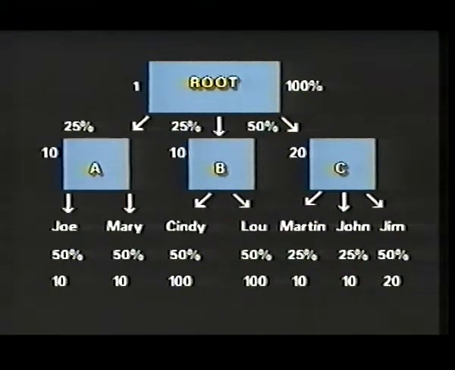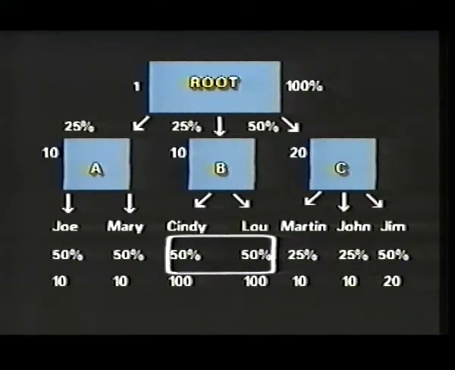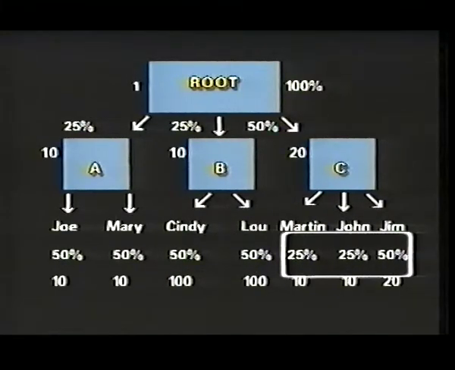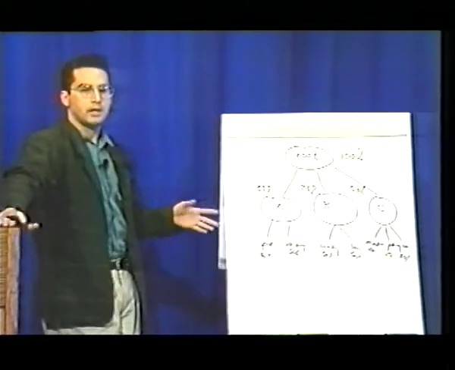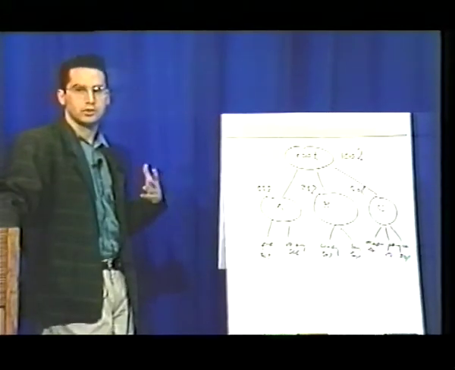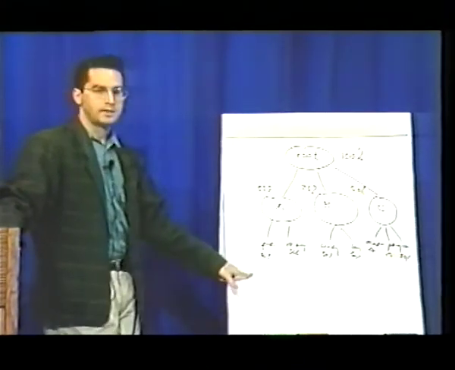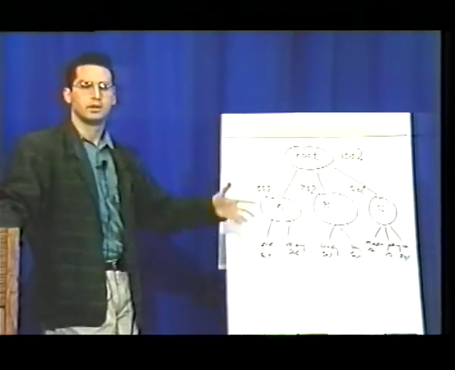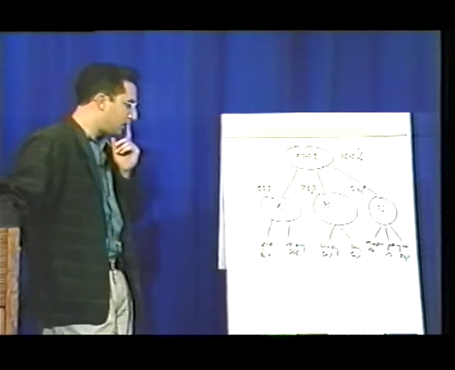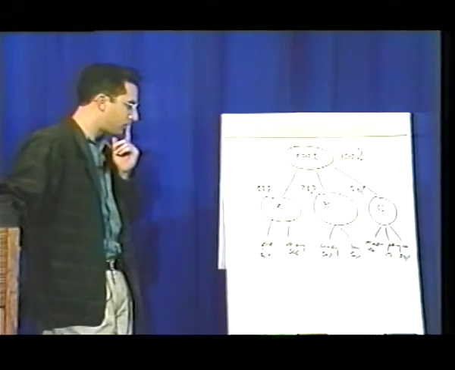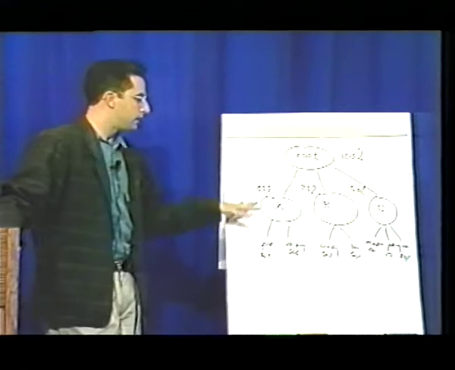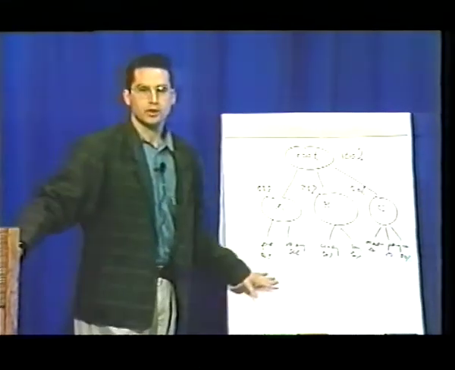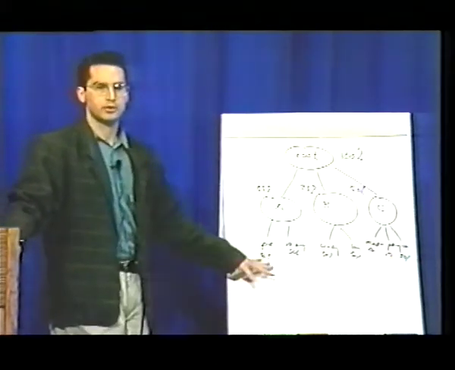When I write 50% here, of course, it's 50% of whatever group A gets, 50% of whatever group B gets, and these are 25-50 of what C gets. So if you want to find out the percentage that any user can consume, just multiply down, and you find out, well, this guy can get 12% at max, etc. If every user was logged onto the machine and was active, these are the percentages that they would get.